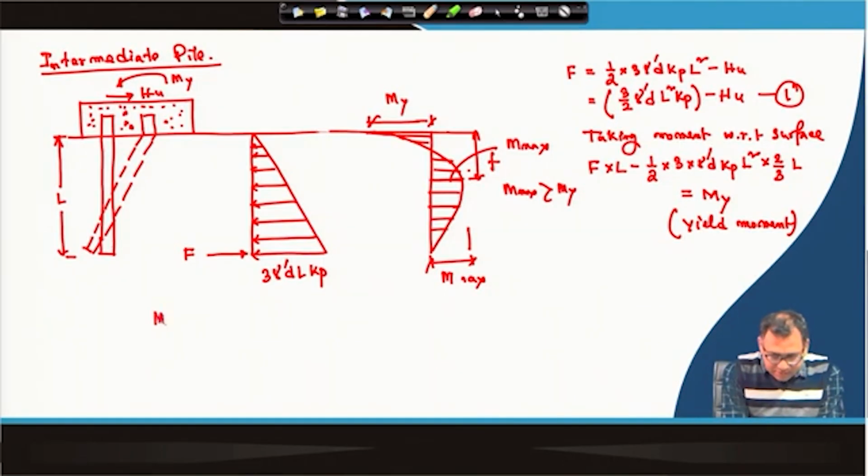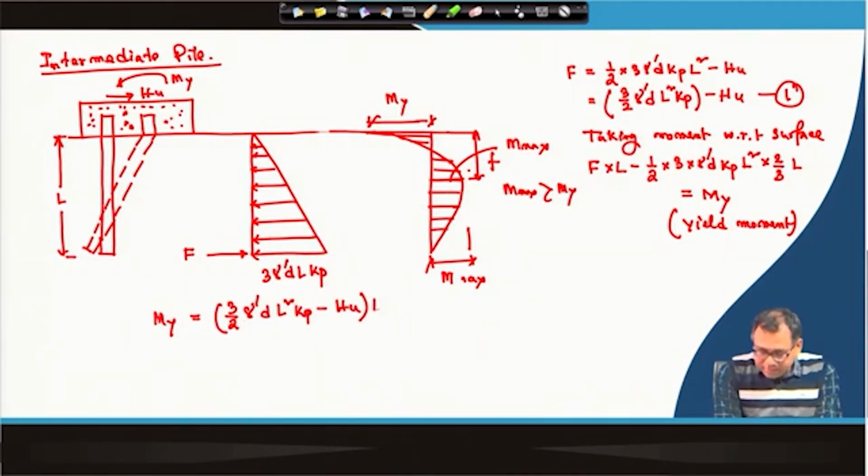So I can write that M y is equal to 3 by 2 gamma dash d L square K p minus H u, into L, minus, these 2 and 3 will cancel out, gamma dash d L cube K p.